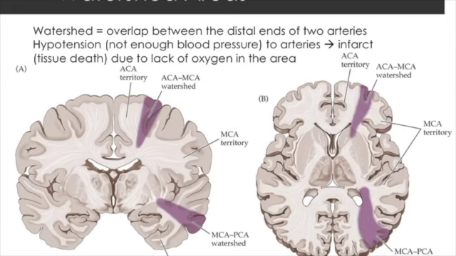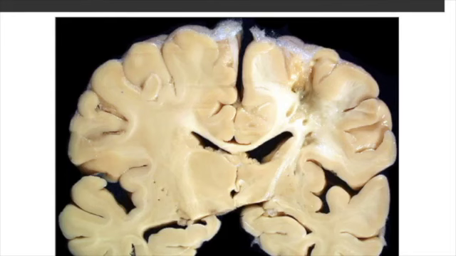The purpose of blood supply is to provide oxygen throughout the brain, and in these watershed areas where you might not have enough blood pressure, you are at a greater risk of stroke. A watershed infarct is just cell death as a result of limited oxygen towards these watershed areas.